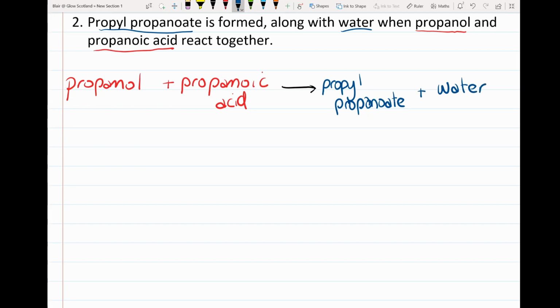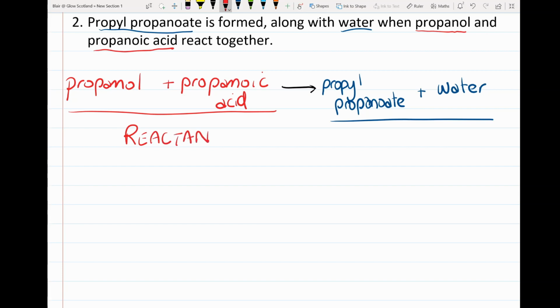Okay, making sure that all of my reactants and all of my products are on the correct side. Okay, so I have my reactants on the left hand side of the arrow, and I have my products on the right hand side of the arrow.